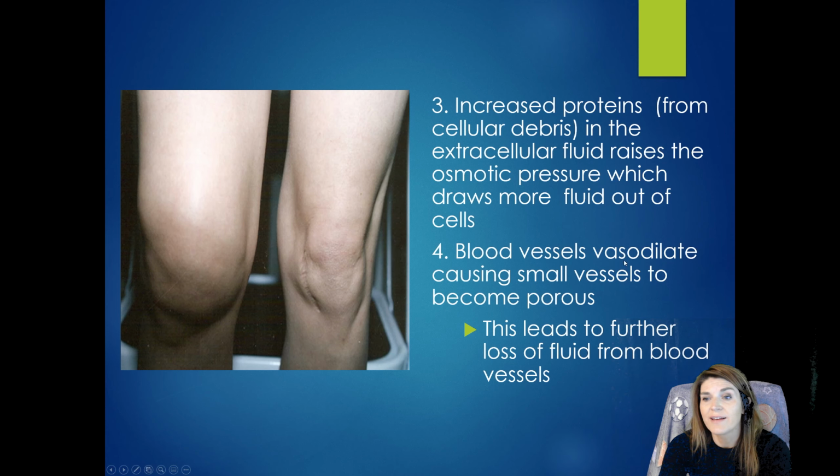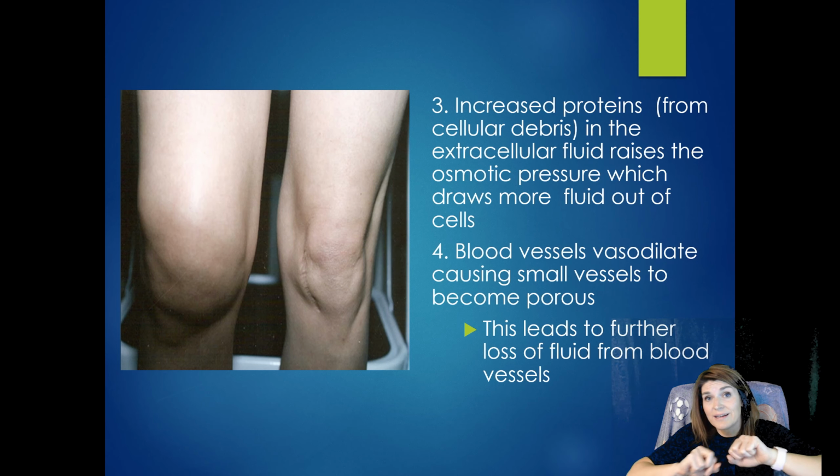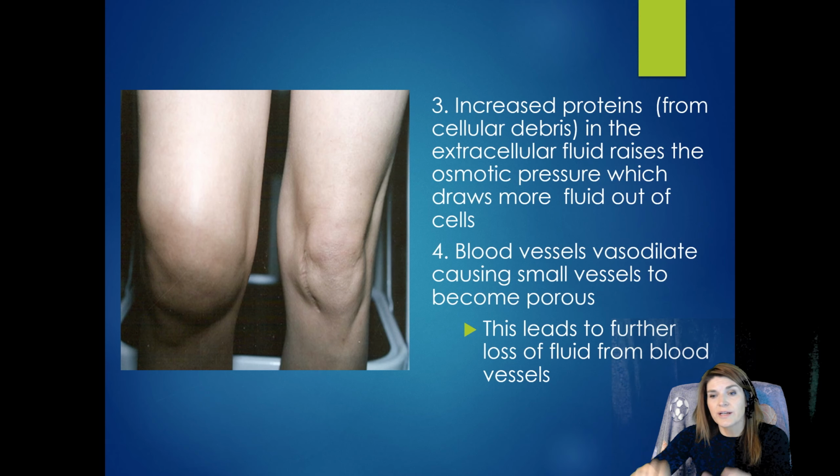We have blood vessels that vasodilate. Think of capillaries. Capillaries will dilate, and the whole idea is to bring extra stuff to that area. Stuff being white blood cells, oxygen, nutrients, trying to help out, and they're also trying to clean up waste that's there.